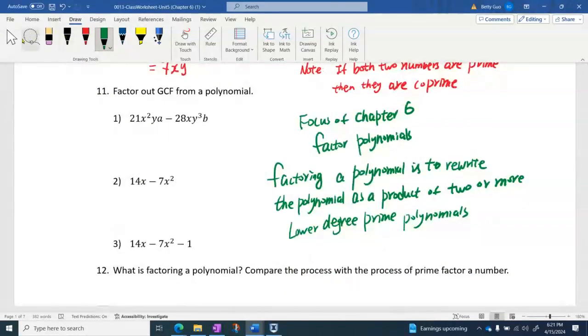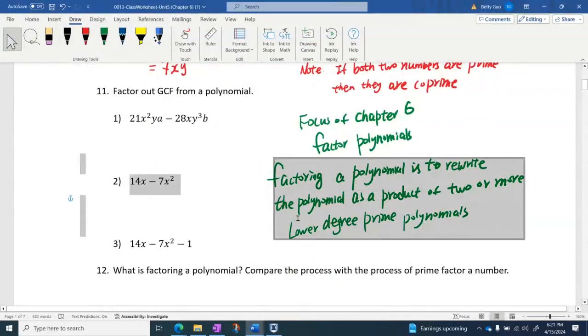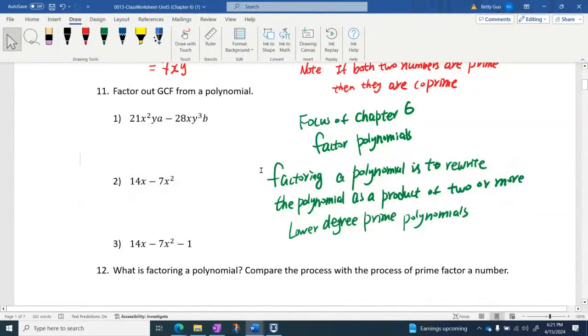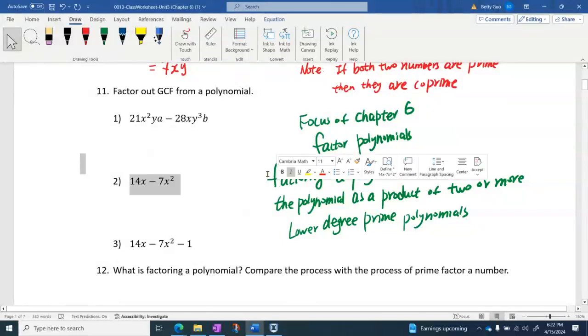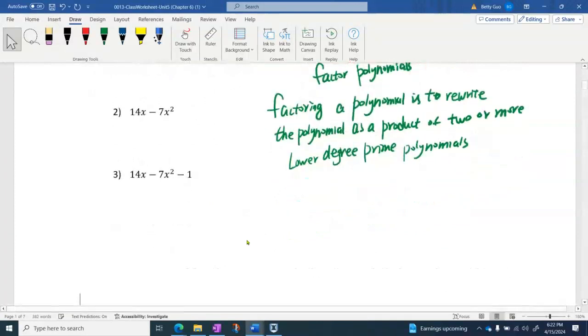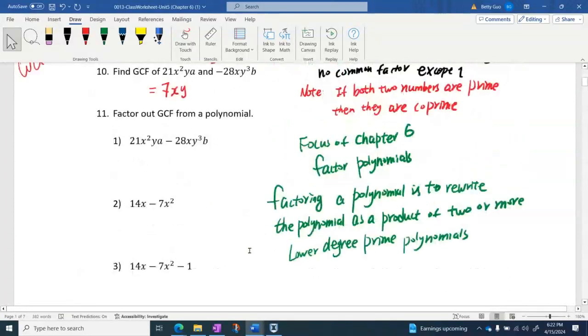I'm going to move this part somewhere else. Let's see if I can. I'll just leave some space here.